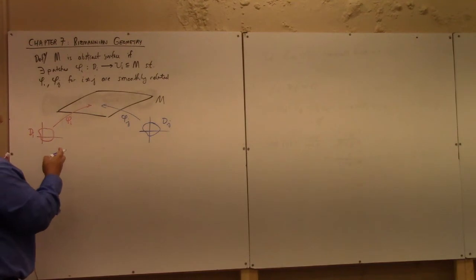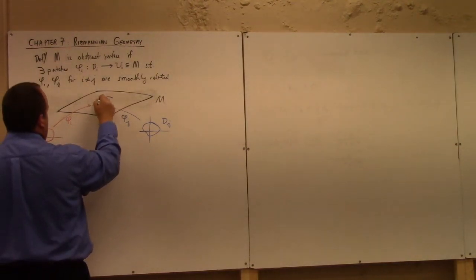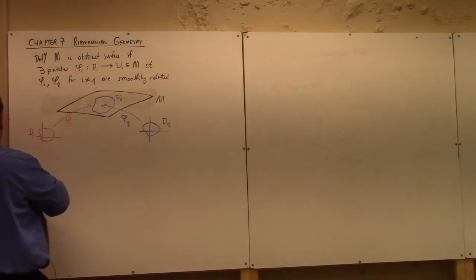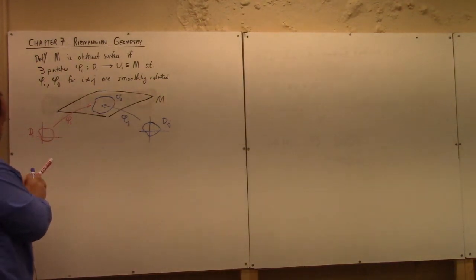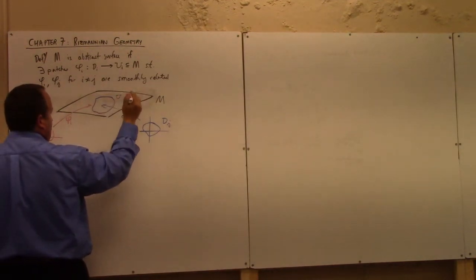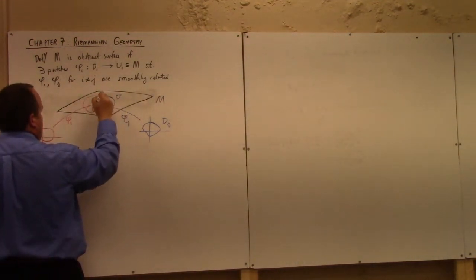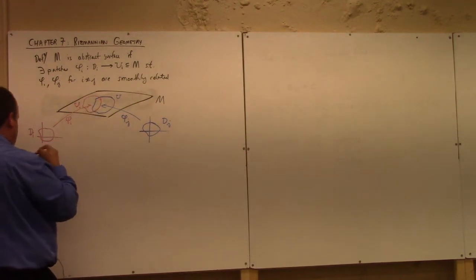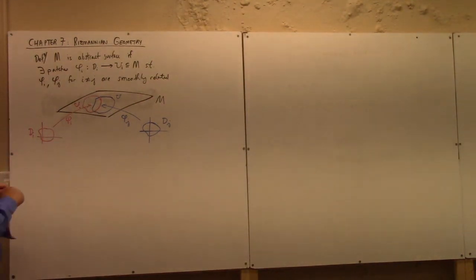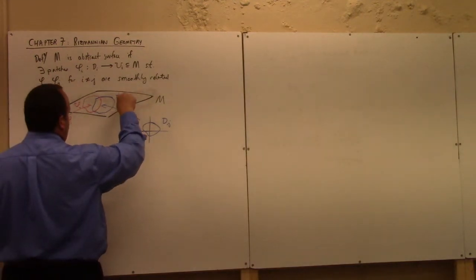And there's your U I, and the other one is U j. They intersect, all right? So if they intersect, that's where the smoothly related comes into play.